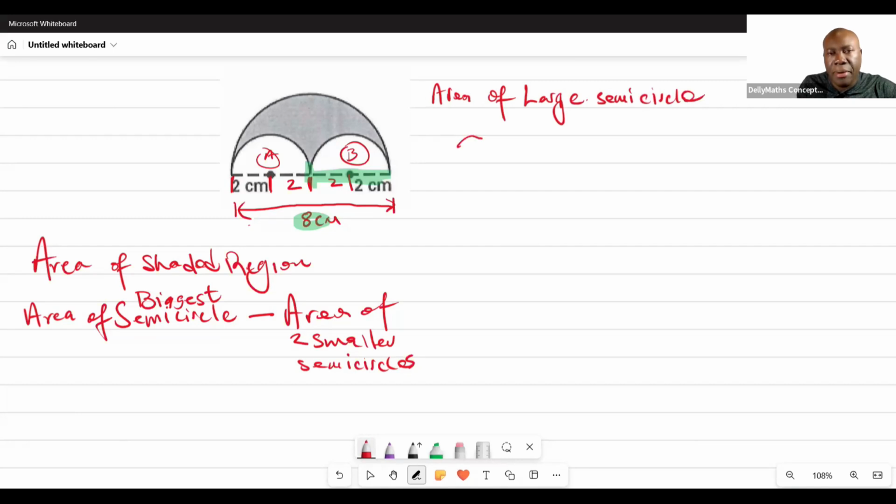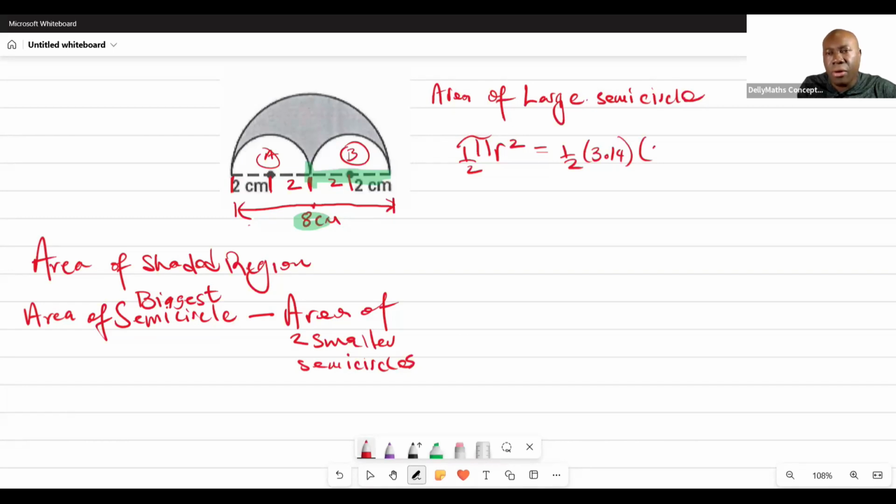So that is going to equal pi r squared, but it's going to be a half of that because it's a semicircle. So that is giving us a half times pi times r. R is 4 because the diameter is 8.